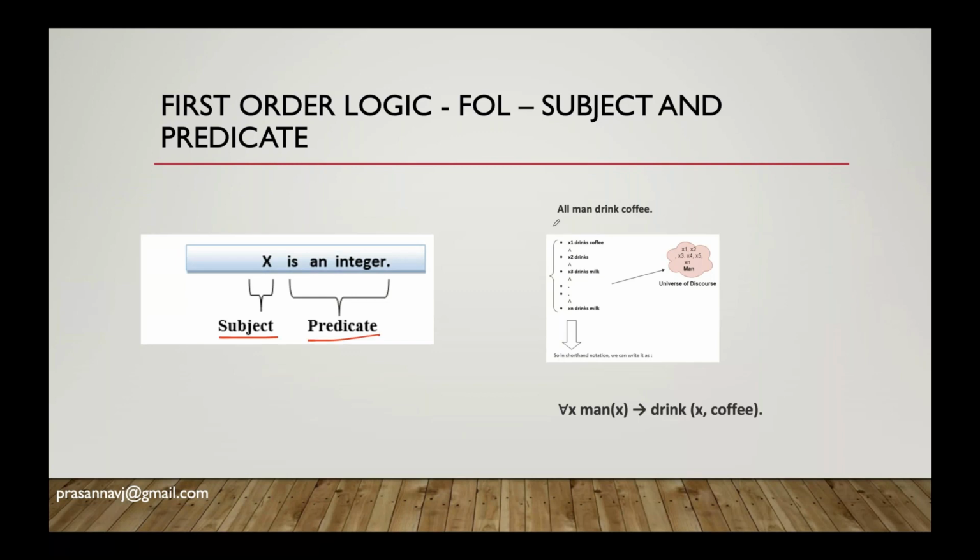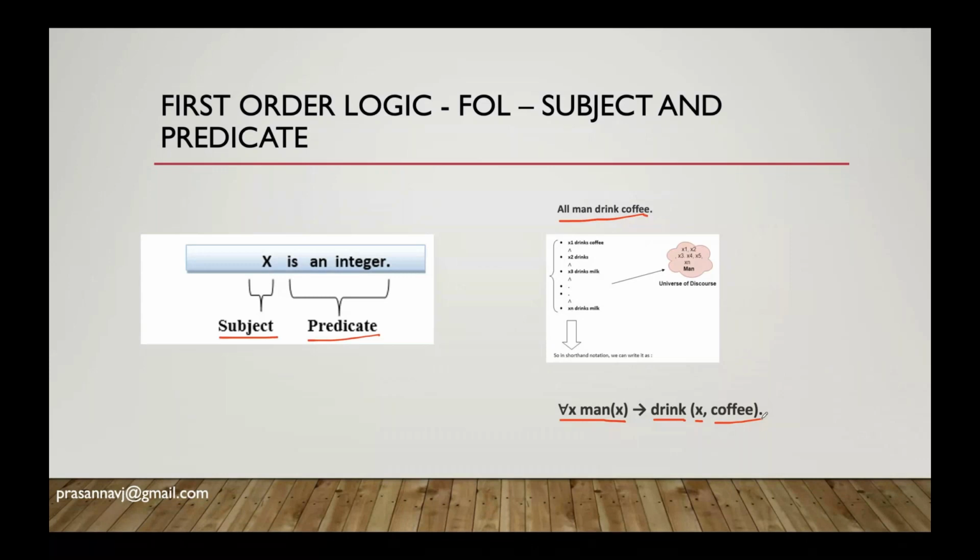All men drink coffee: drink is the predicate, and all men are the actual subject, which can be represented as for all men, drink coffee. That is how you represent it in first order logic. So this is a way of representing first order logic details.